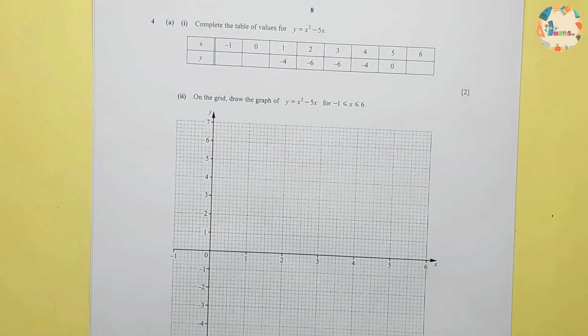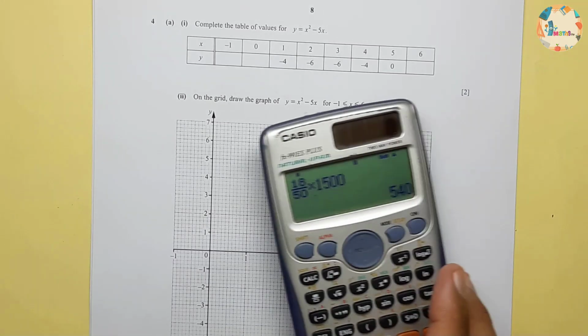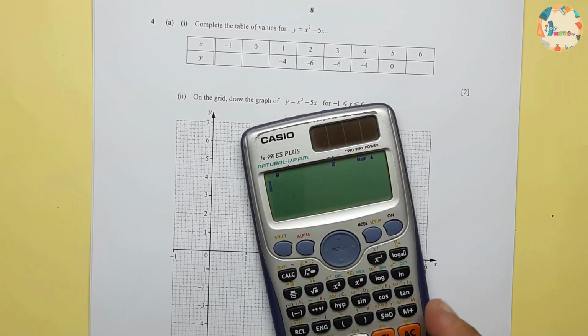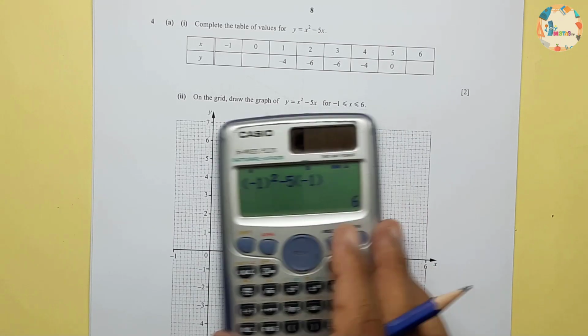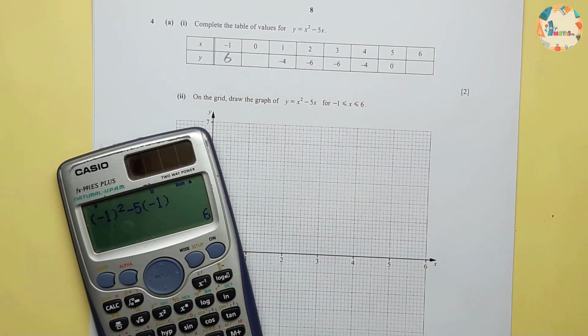Question number 4, A part, complete the table of values, and we have to just replace minus 1 in the given equation. If we check, given equation is x squared, so minus 1 squared and minus 5 into minus 1, so this will be equal to 6. This value will be 6.